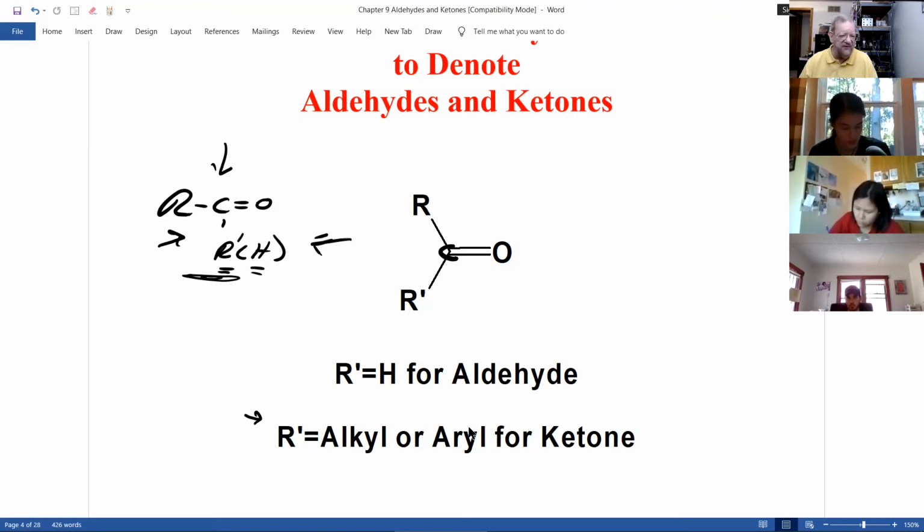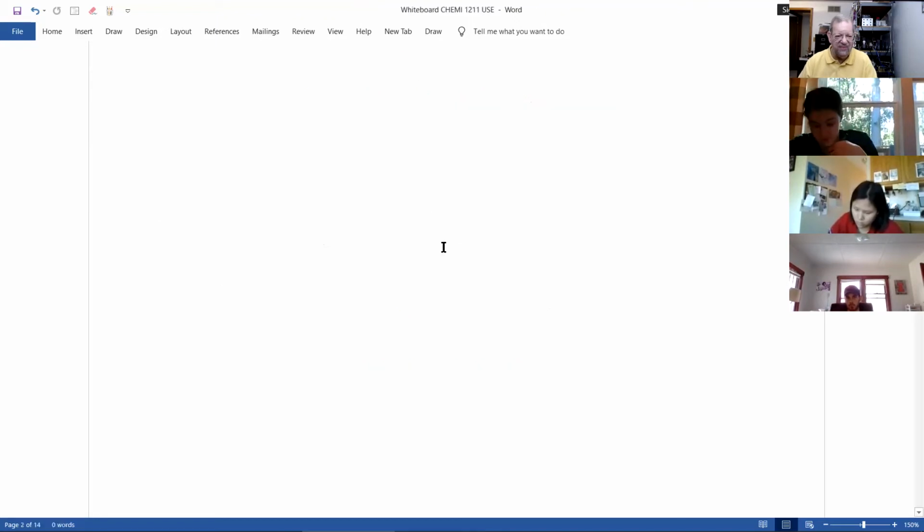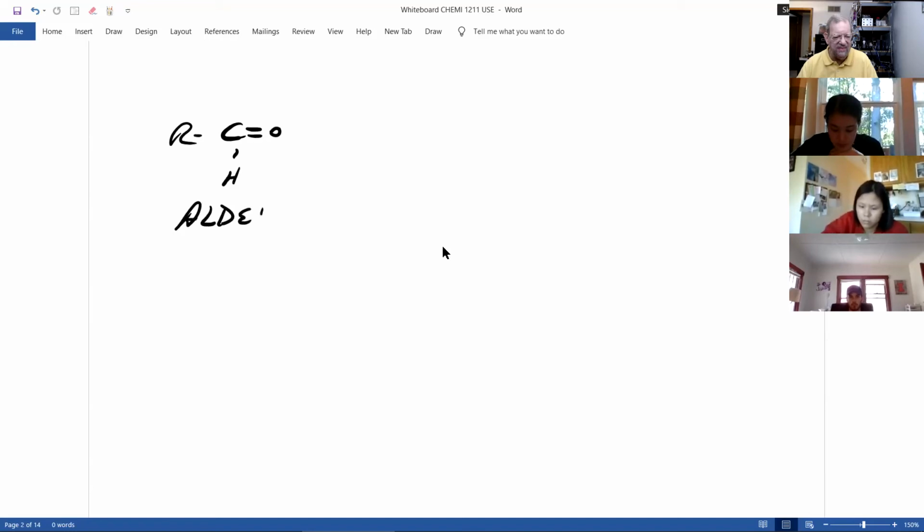So let's just review. Carbon double bond to oxygen with a hydrogen and an R group. This is an aldehyde. Carbon double bond to oxygen with two R groups, R and R prime. This is a ketone.